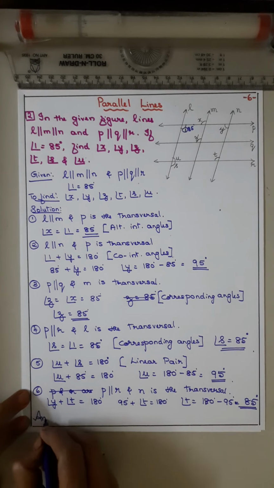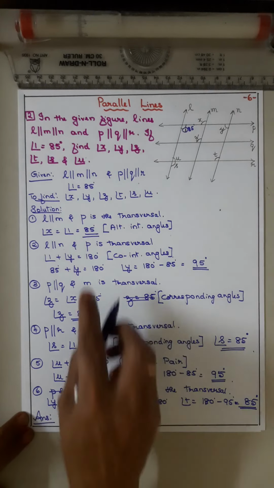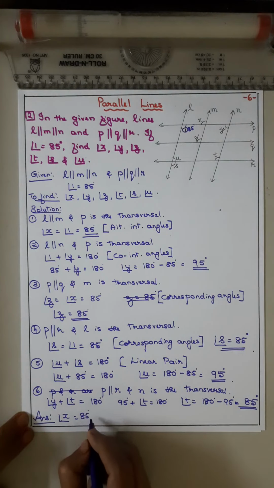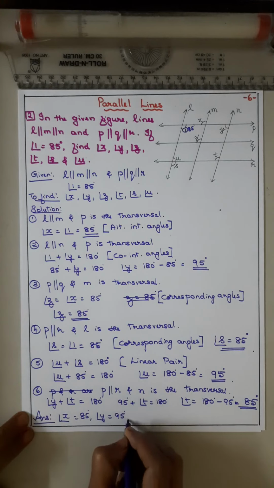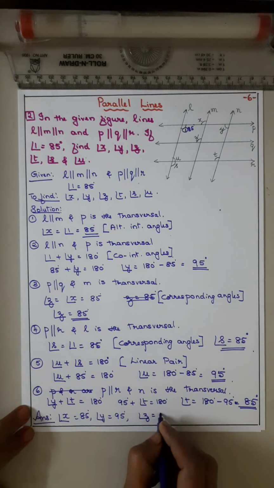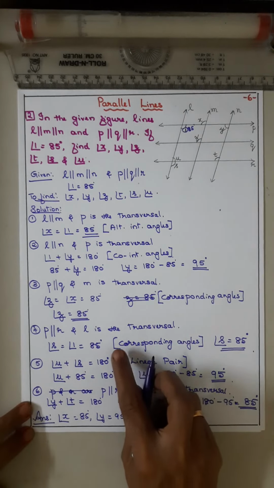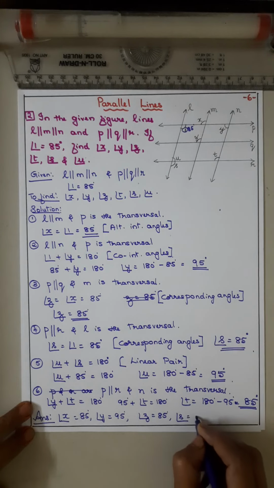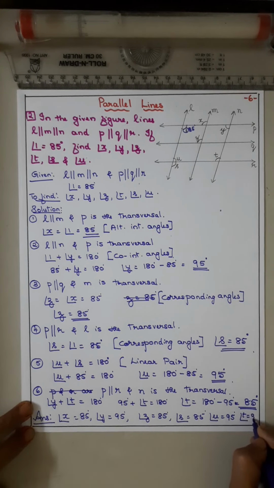So you got all the angles. We'll write: angle X is equal to 85, angle Y is equal to 95, angle Z is equal to 85, then angle S is equal to 85, angle U is equal to 95, and angle T is equal to 85.